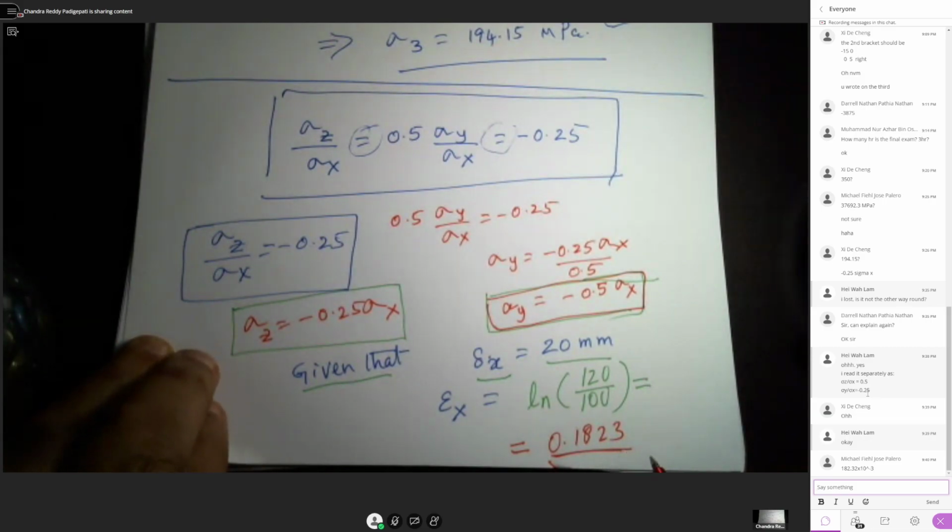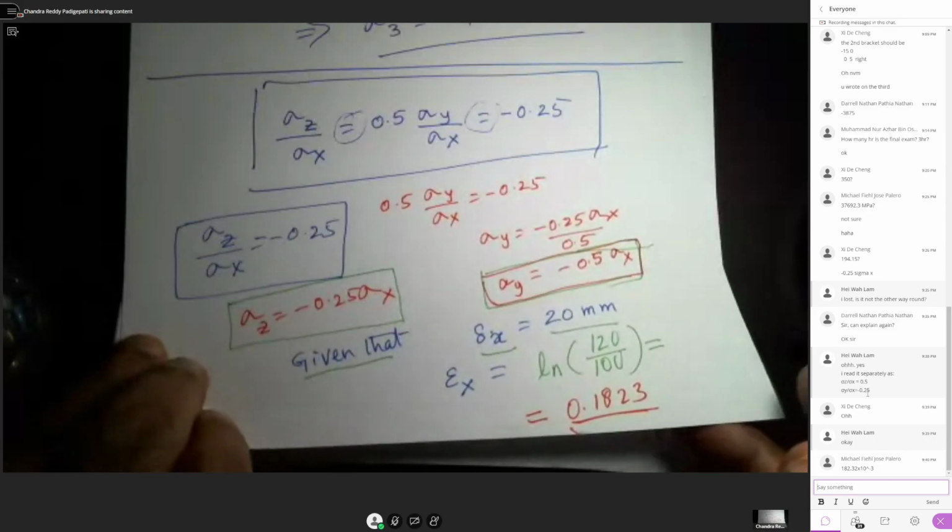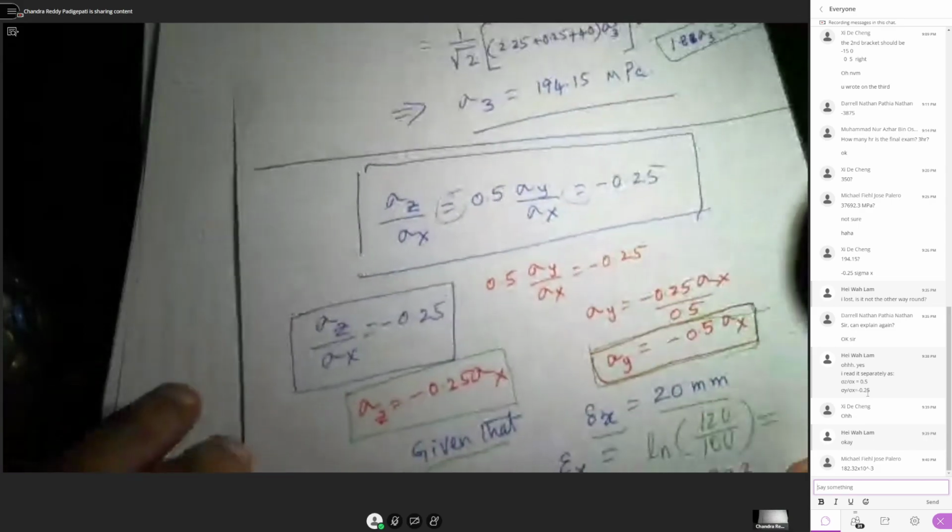So once you get the strain in the longitudinal direction, next we write down the stress tensor.